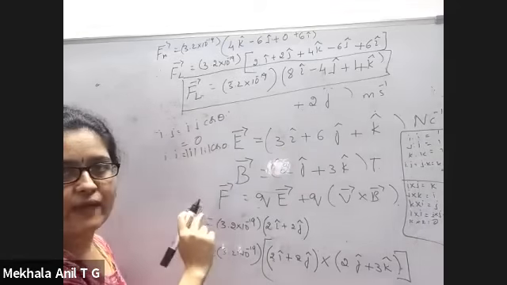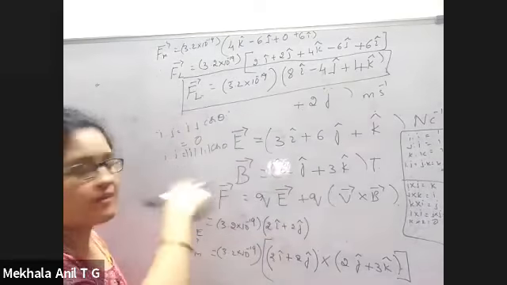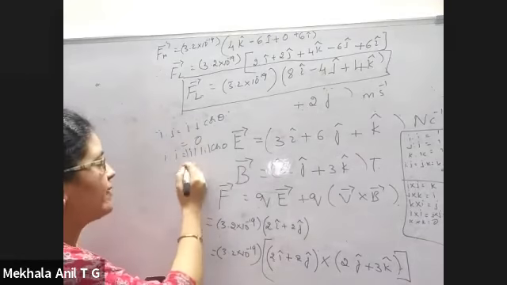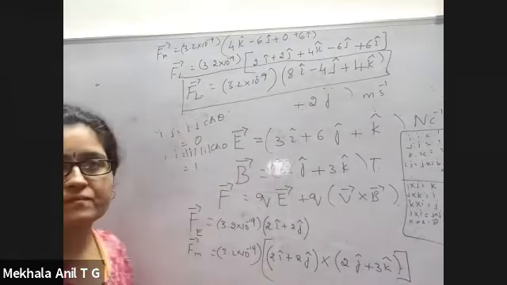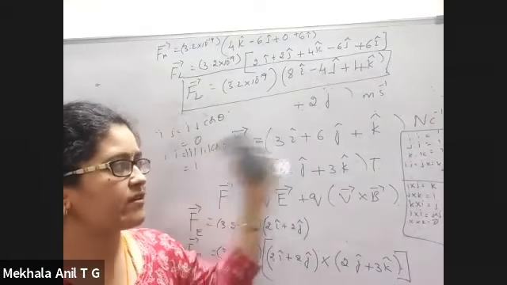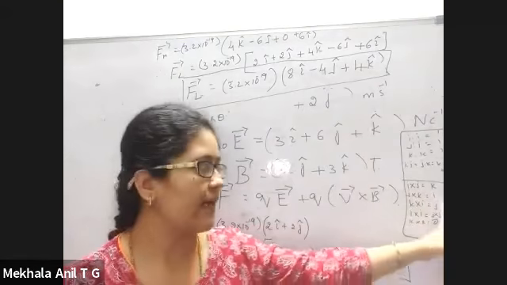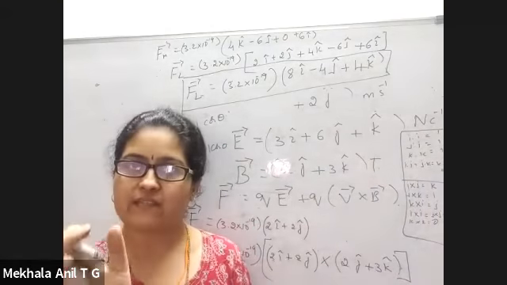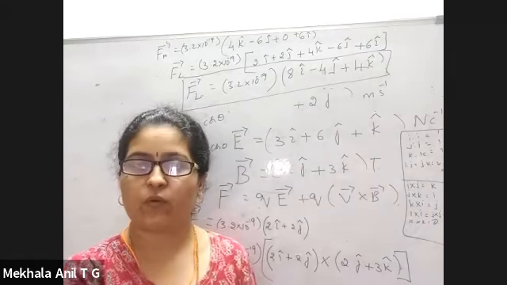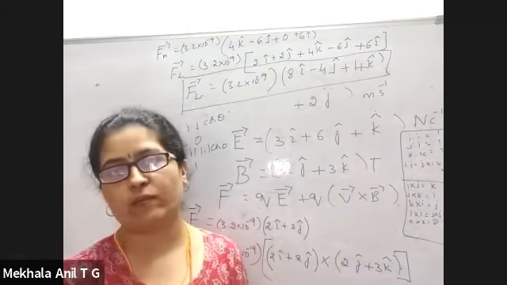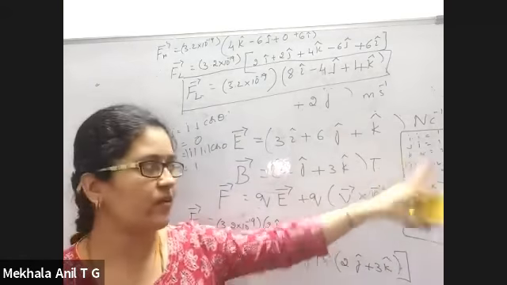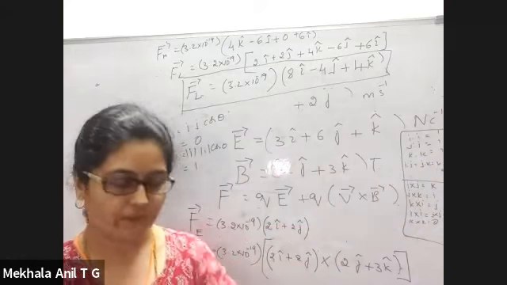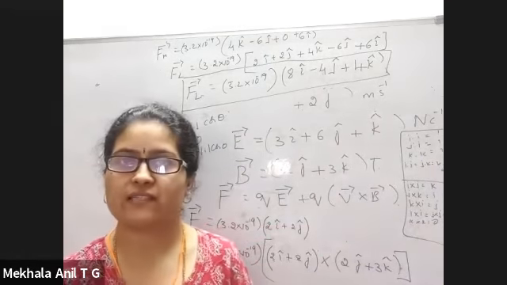Cos 0 is 1. Along the x-axis, the magnitude is 1. So it is 1. Like this. In the same way, i cross j and all, it will become sine theta. When theta is 0, it will become 0. When theta is 90, it will become 1. So both are just in contrast to each other. I think, shall we stop here?